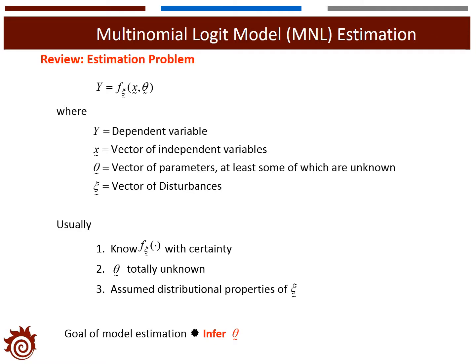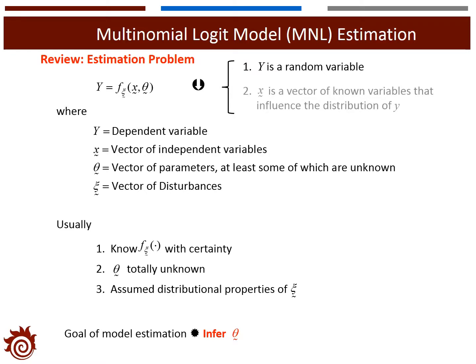Our goal is to complete the model estimation to find the values of theta. In summary, y is a random variable, which has a combination of a deterministic component and a random component. And x is the vector of known variables, which can be observed, but it will influence the distribution of y. That is, y is determined by a function of x and theta.